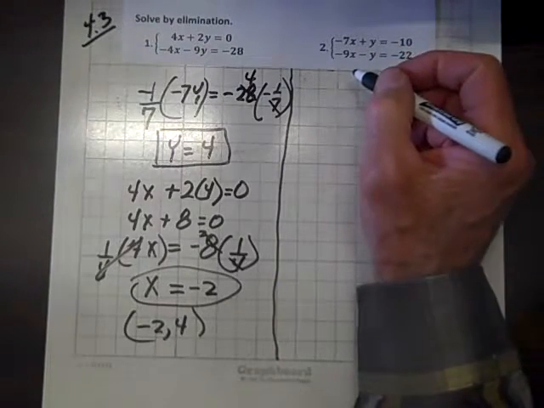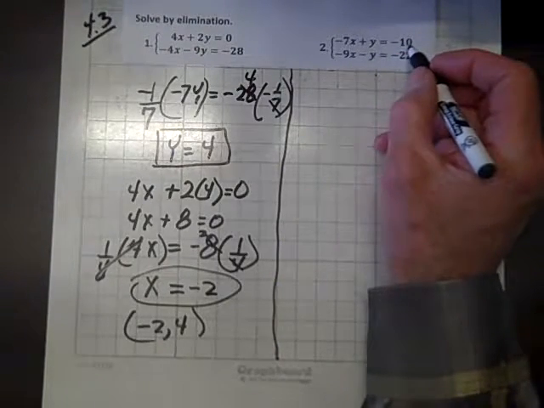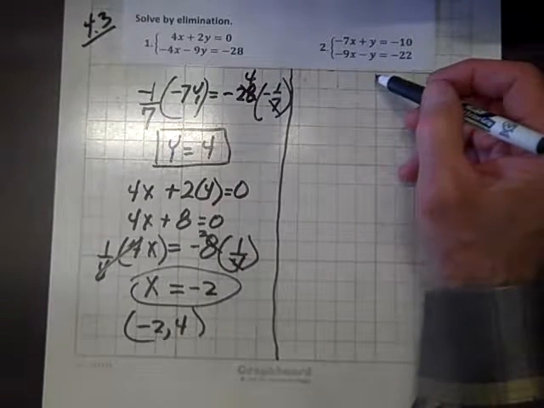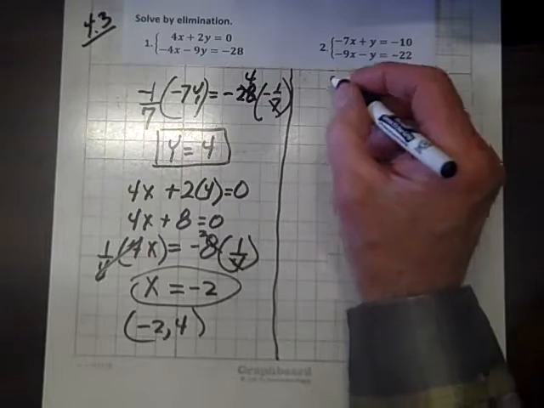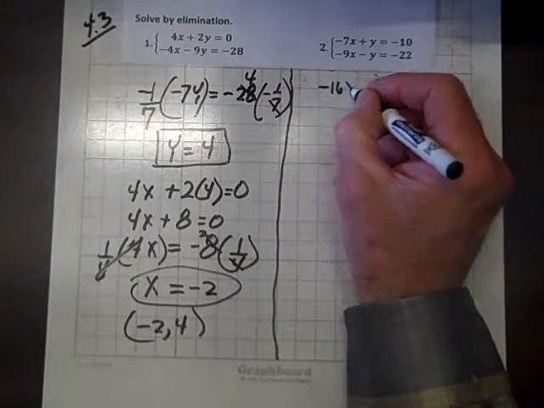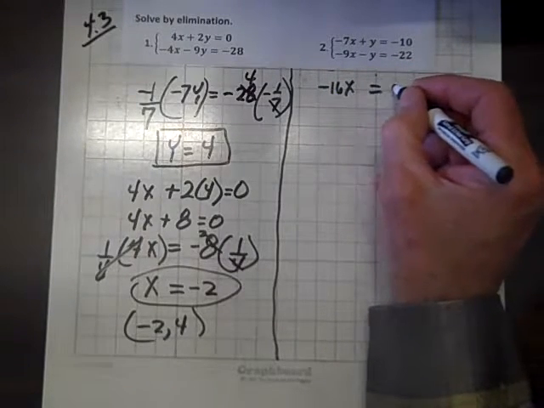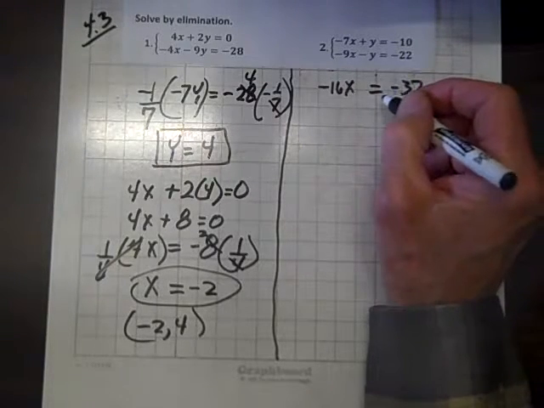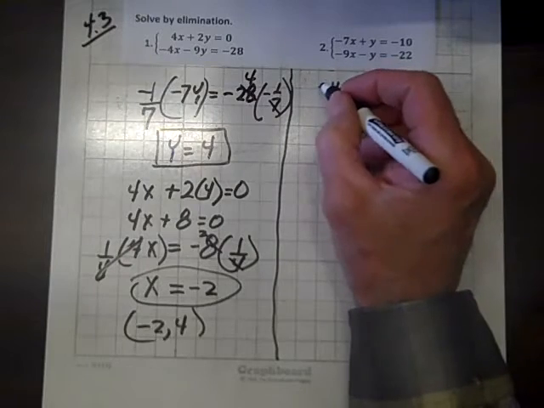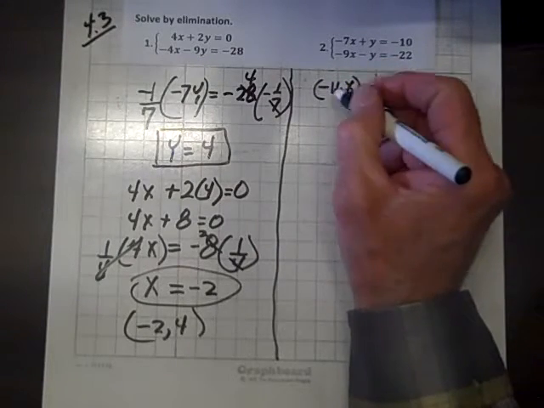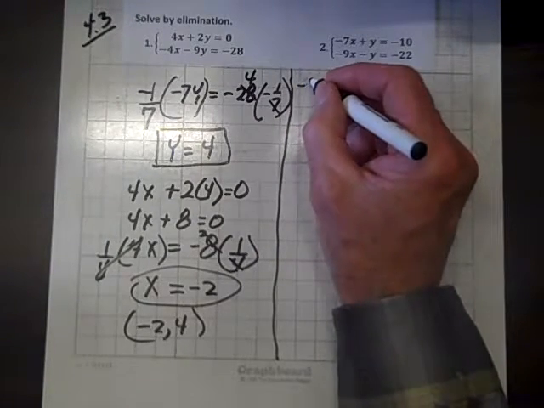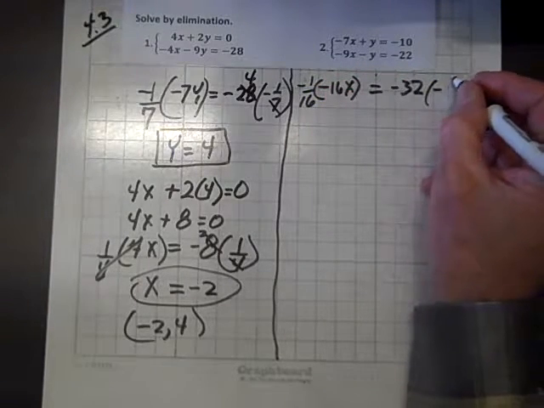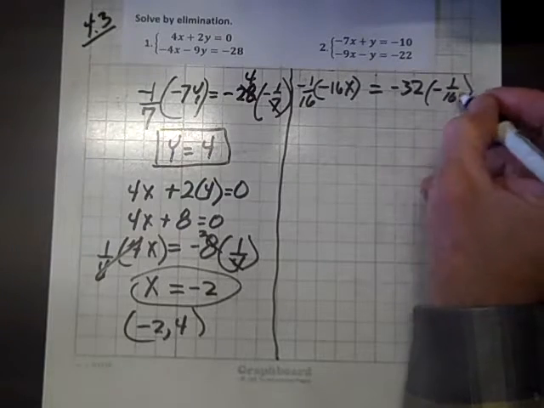Let's do this next one. As you can see, if we add the two equations together, we'll eliminate the y's, and we'll get negative 16x equals negative 32, adding. So let's multiply both sides by the reciprocal of negative 16, which is negative 1 over 16, and negative 1 over 16.